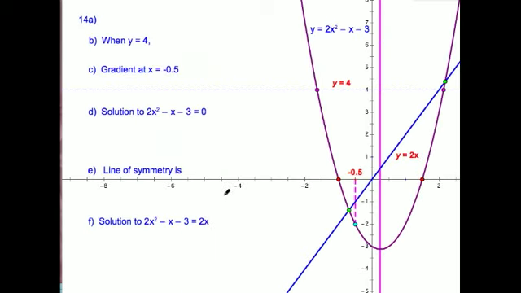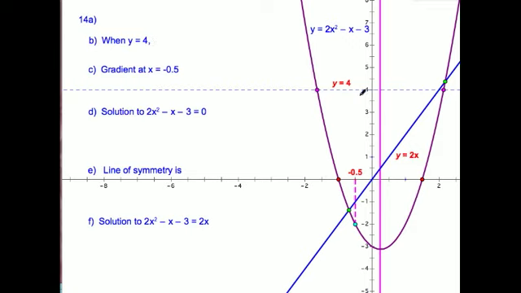In question 14, this is a graph question, and usually a graph question asks the same things. First, we are asked to find the values of x when y equals 4.